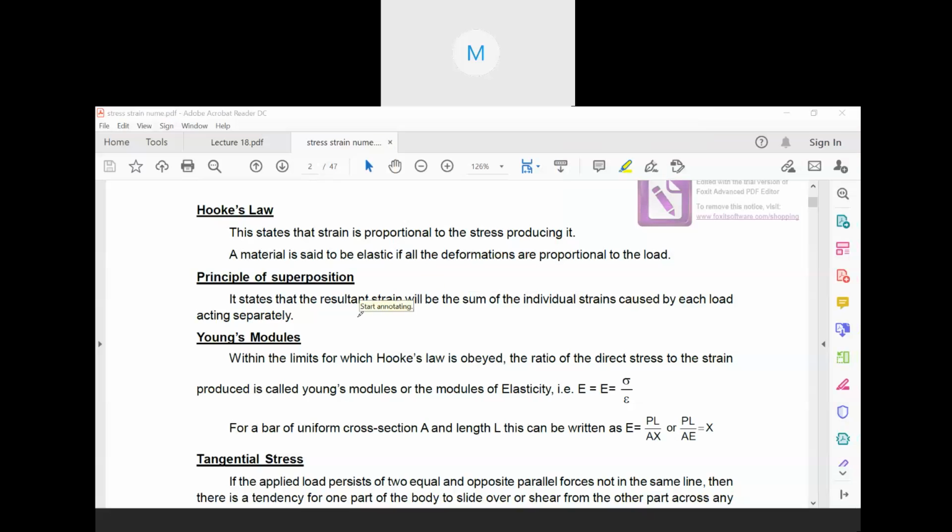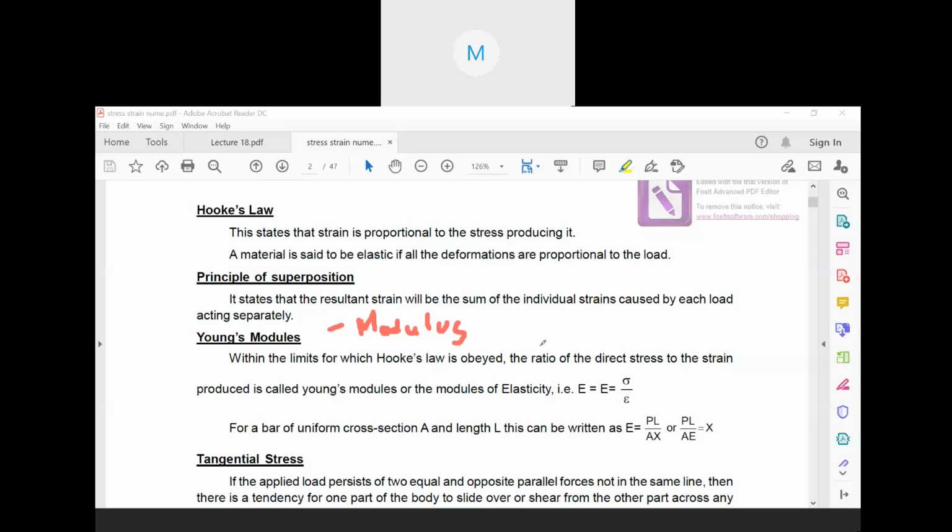You can write it as Young's modulus, M O D U L U S. So first of all, let us know what Young's modulus is.